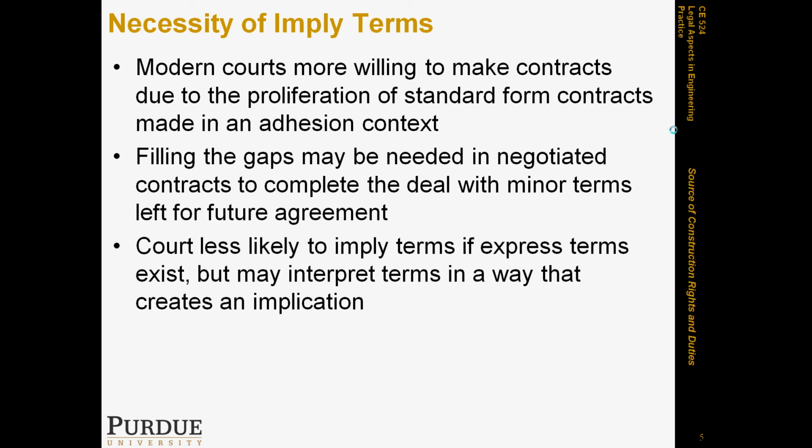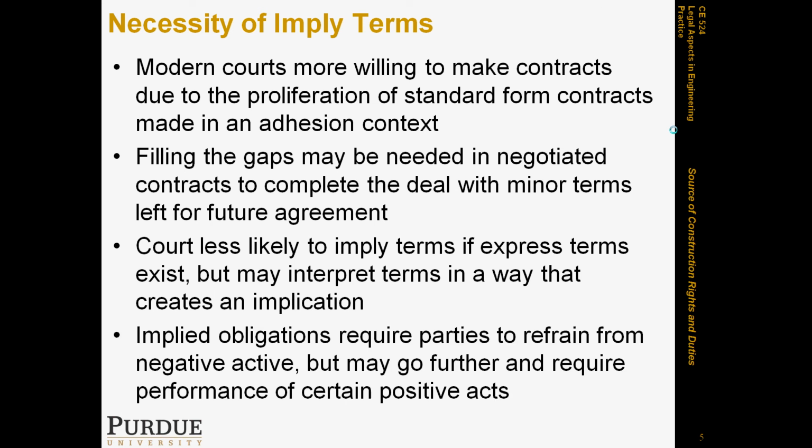Now, that's not always the case. You may find that that's not even possible, and then they will go to other sources, the sources that we're going to talk about in just a moment, if they're unable to find anything to fill in the gap from within the contract itself.